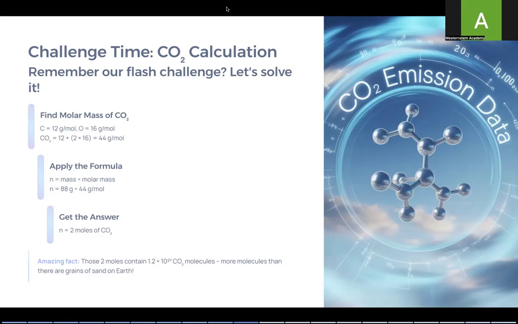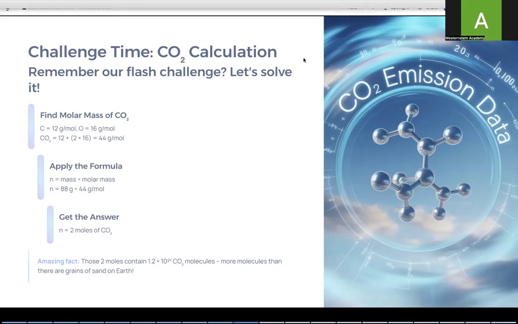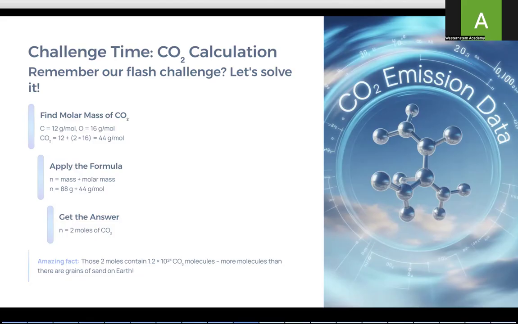How many persons got it correct? Amazing fact. Those 2 moles contain 1.2 times 10 to the 24 carbon dioxide molecules, more molecules than there are grains of sand on Earth. Let me say that again.